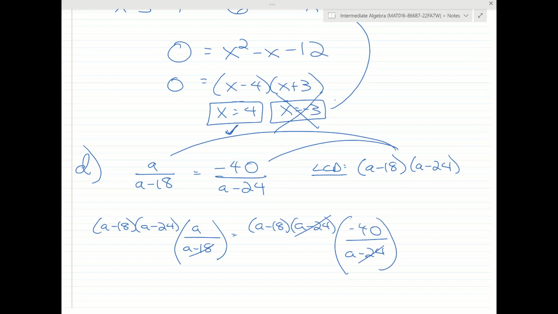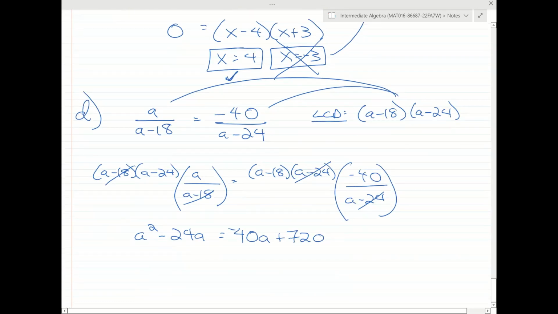Cancel out our common factors. And we'll do a squared minus 24a is equal to, will just be negative 40a on a huge number. Negative 18 times negative 40 is 720.